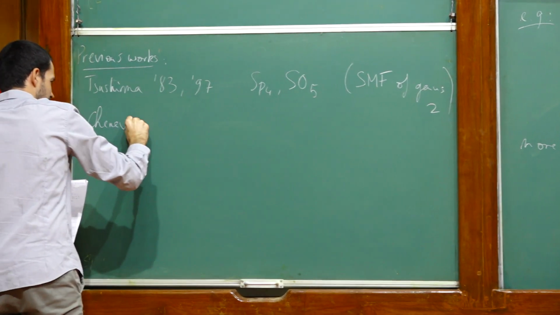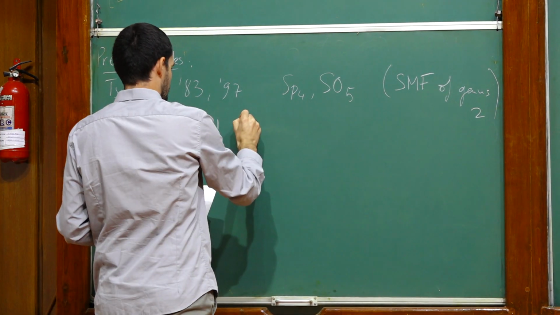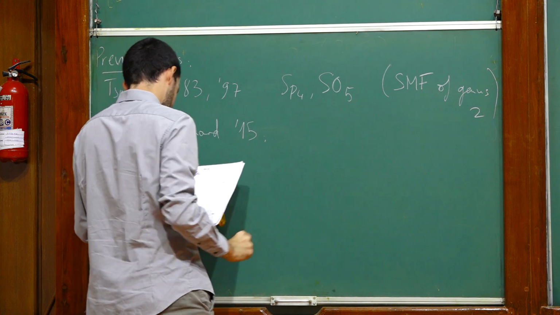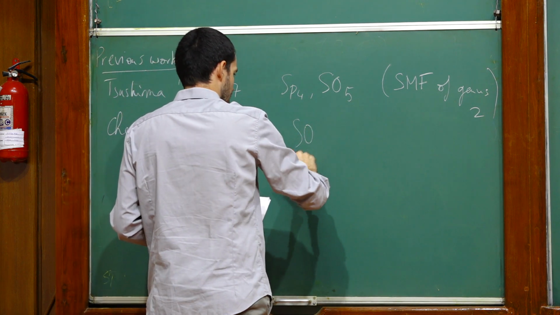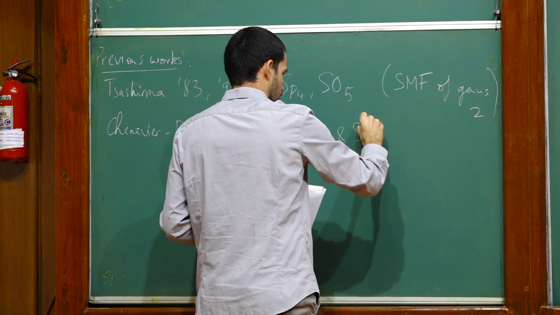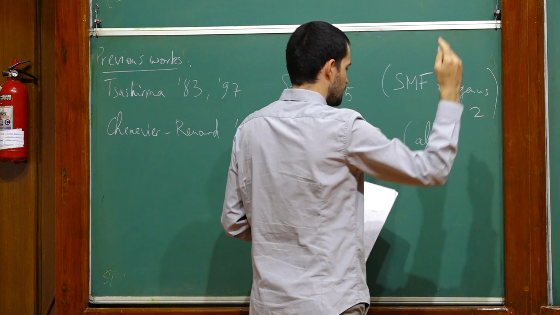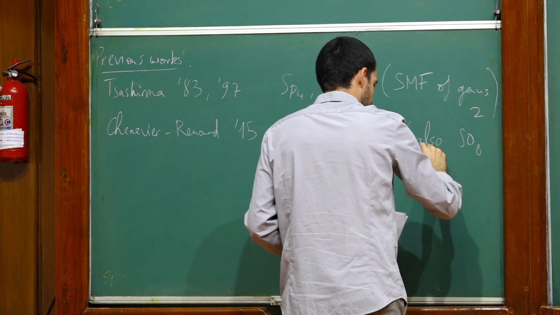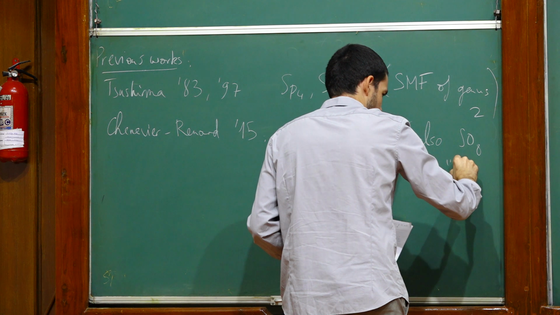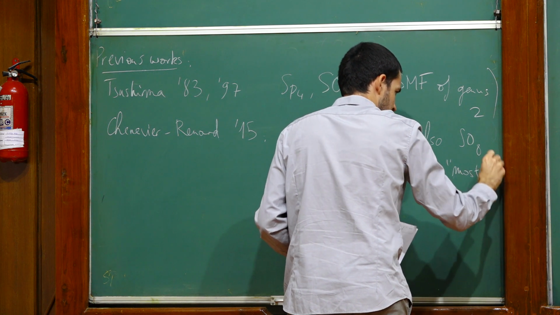Okay, so then there was work by Chenevier and Renard for the groups SO7 and SO9, and also, in this formulation, SO8, or let's say most discrete series representations.